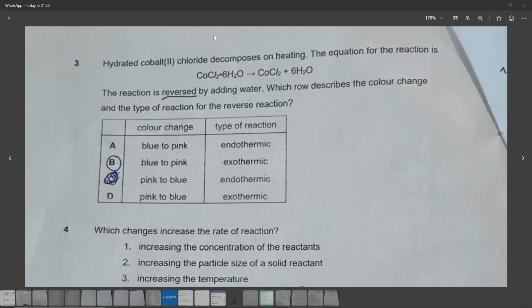First of all, it's blue to pink, because in the original reaction, from reactants to products, the product will be blue and the reactants will be pink. From pink to blue is the color change in the normal reaction. In the reversible reaction, it will reverse, so it's blue to pink, and it's exothermic because the forward reaction is endothermic.